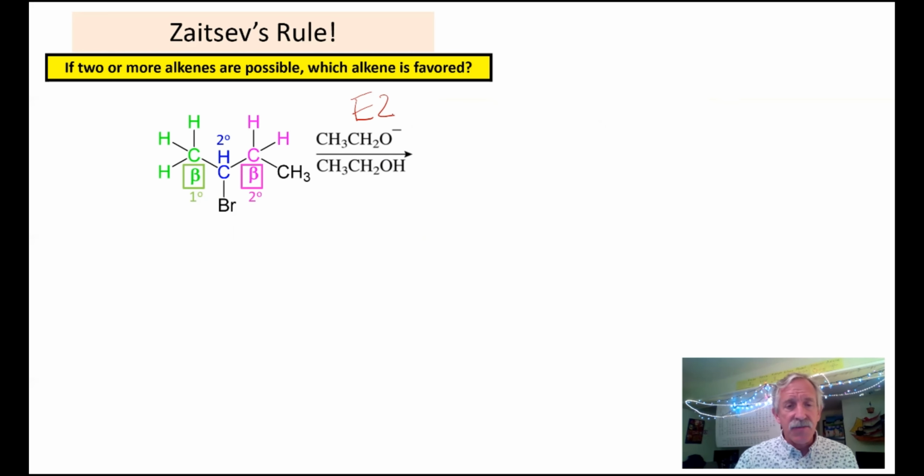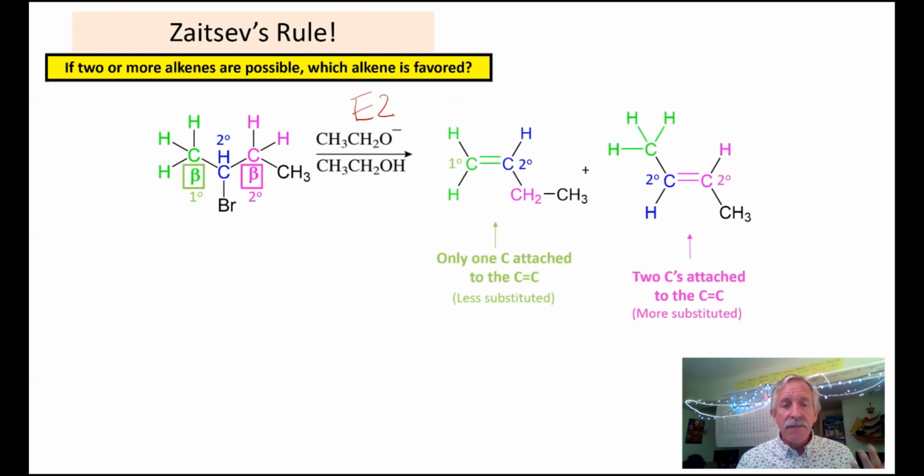This is Zaitsev's rule. So we have these two possible alkenes that could be formed. What I want you to really do is notice that I'm paying attention to the type of carbon, the pink and green and blues. Really look at the neighbors and the number of carbons attached to your alkenes. Because one of these has only one carbon attached to it, it is what we call less substituted.